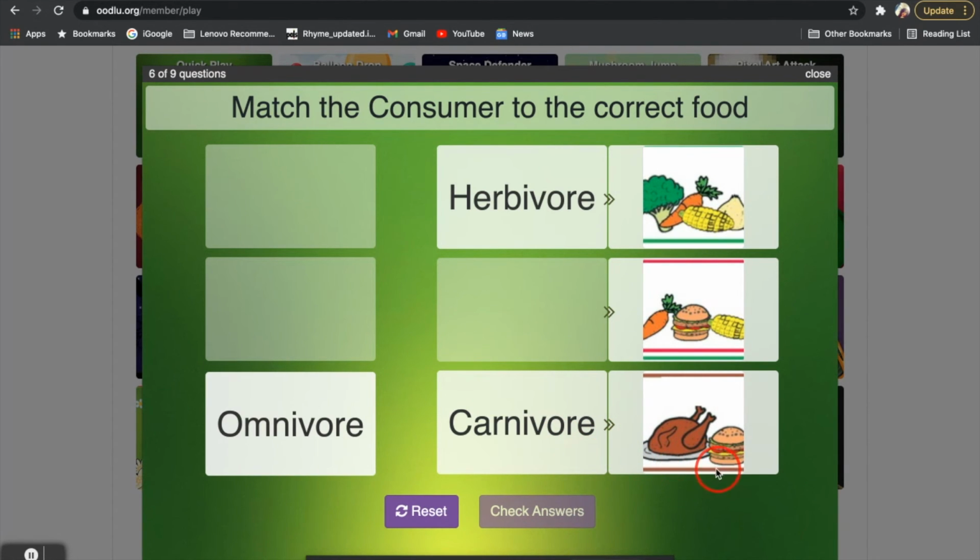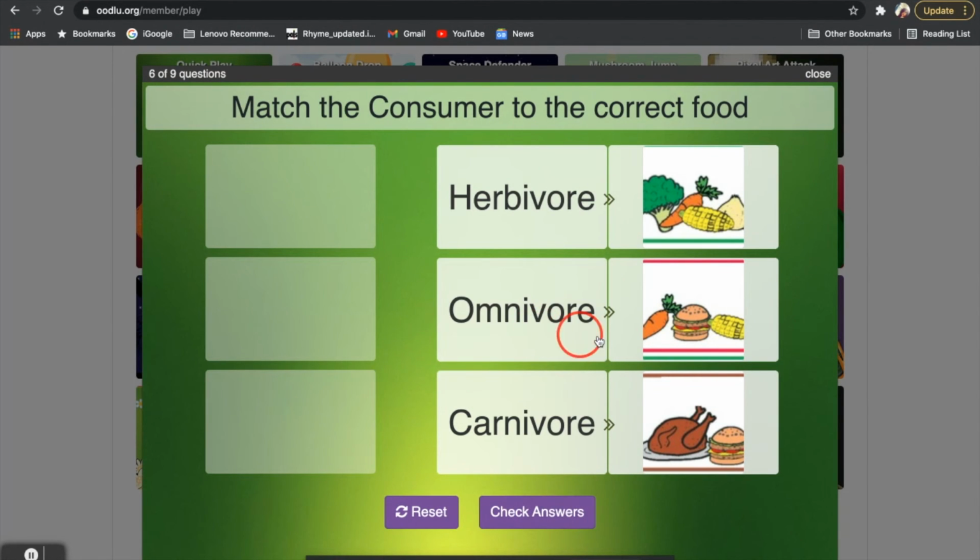Carnivores only eat meat. And then our last one is the omnivore. Omnivore is going to be matched up to box number 2, which shows carrots, burger, and corn. Omnivores like to eat both vegetables and meat.